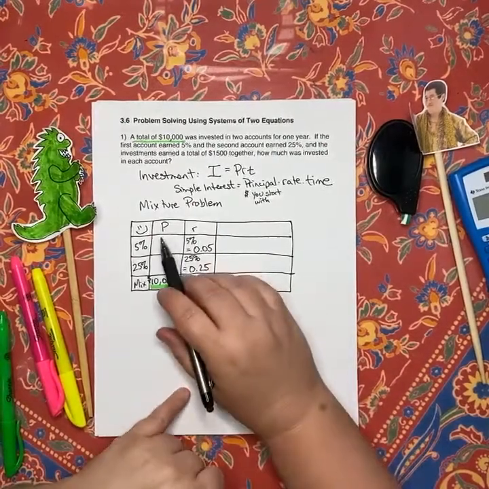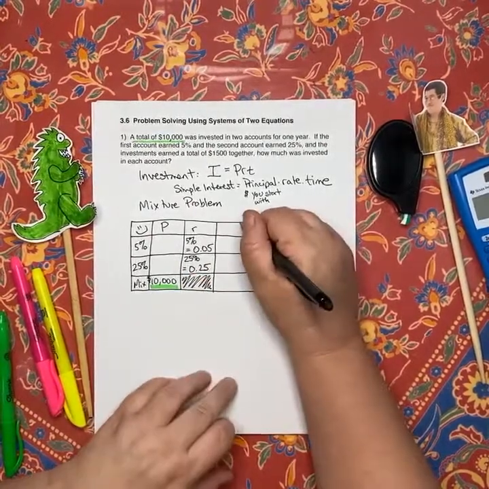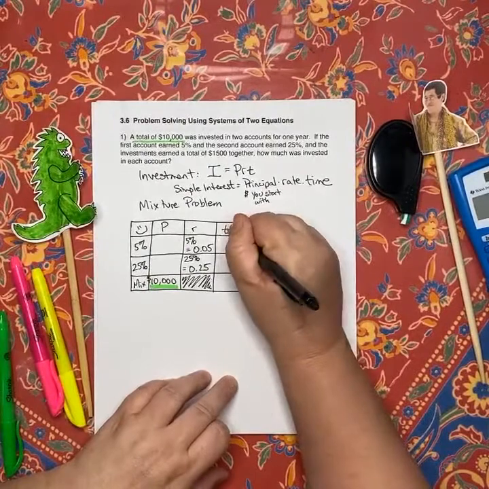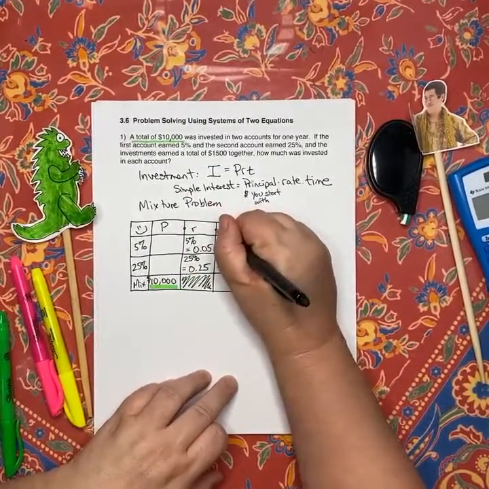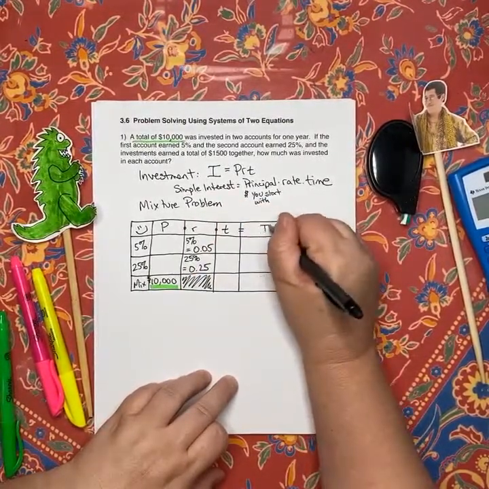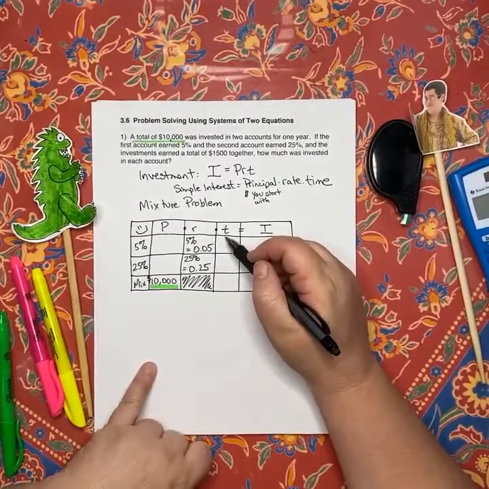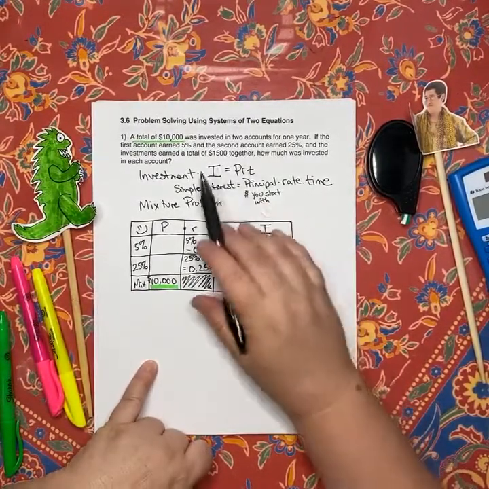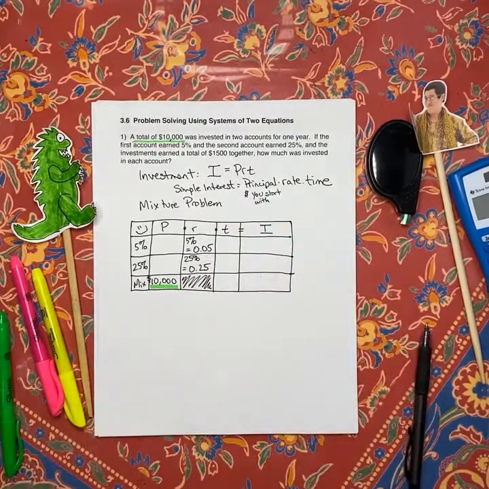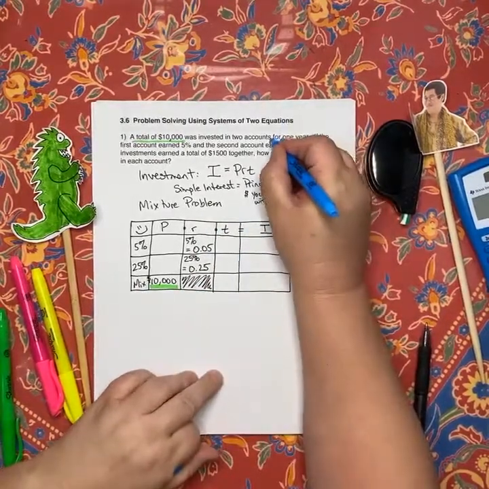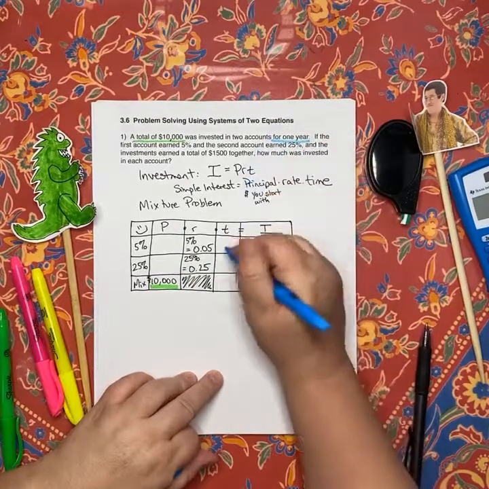Okay, so I've got the P and the R. I need the T. These three get multiplied together to give me the interest. So how long are we going to be investing? And I see an answer to that right here, for 1 year.